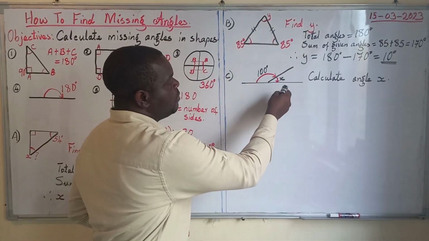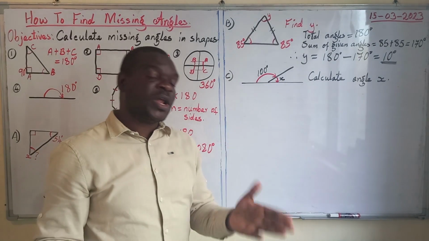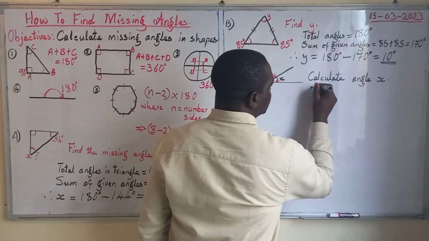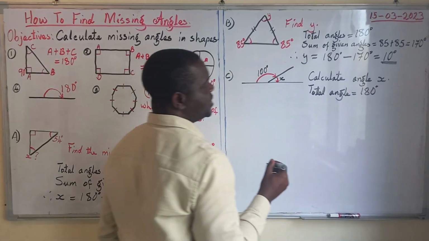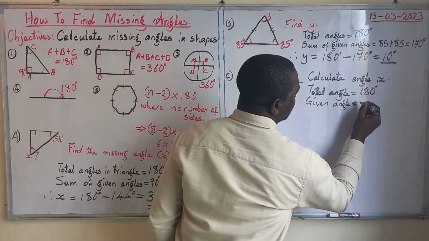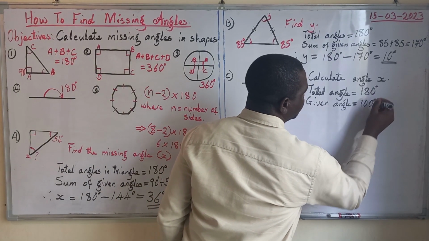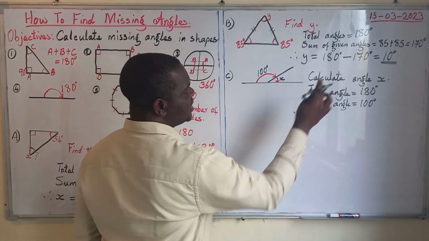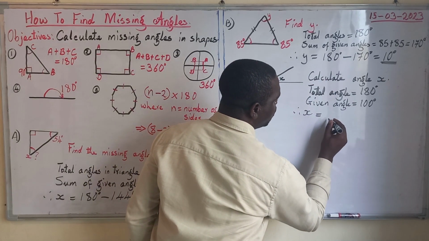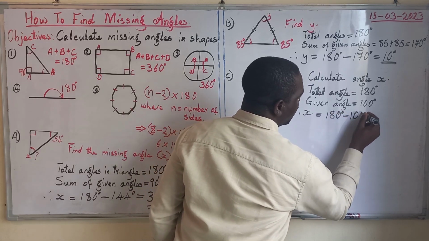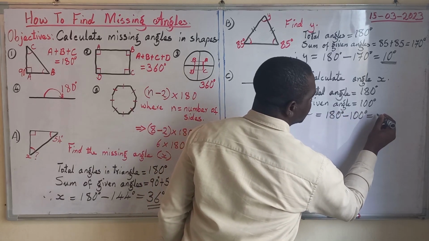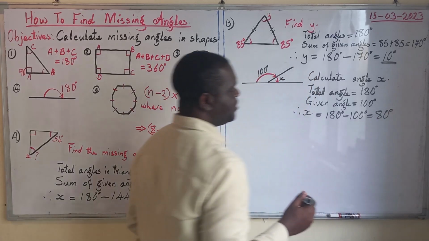Supplementary means the sum of all these angles should give 180. Total angle is 180 degrees. Given angle is equal to 100 degrees. Therefore, missing angle will be equal to 180 degrees minus 100 degrees, which is equal to 80 degrees.